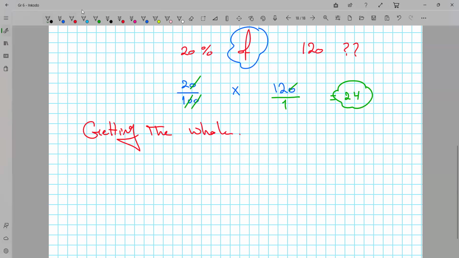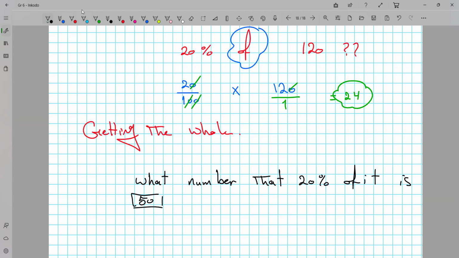He will ask you what number that 20% of it is 50. So I got the part that is 50, which is 20% of a missing number. 20% of what number is 50?